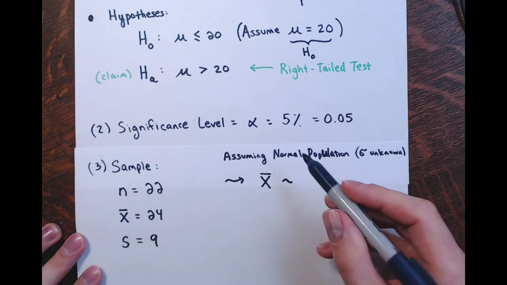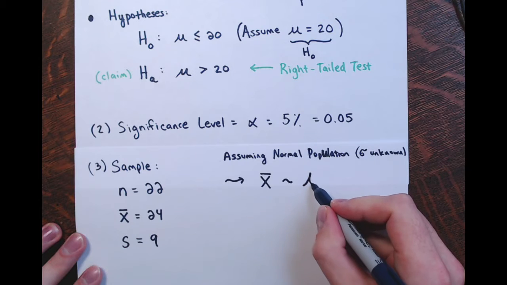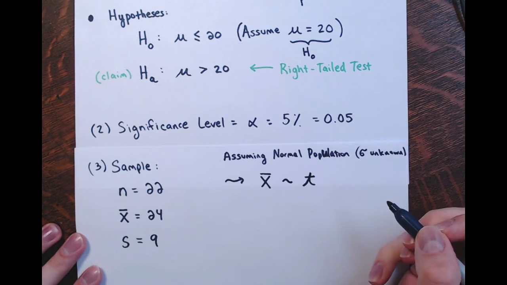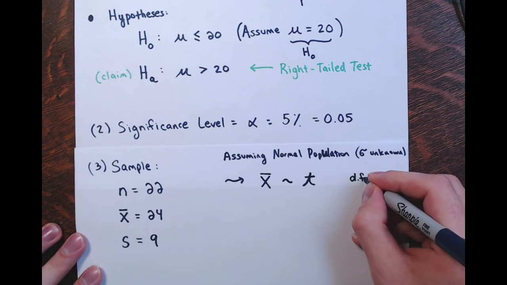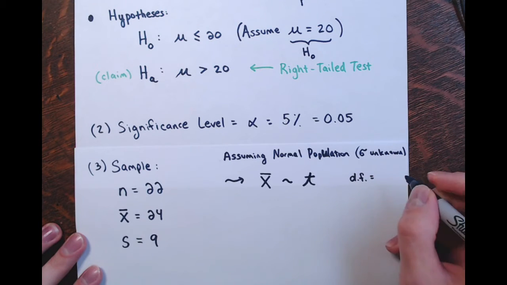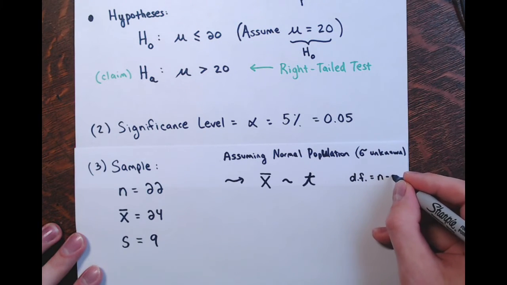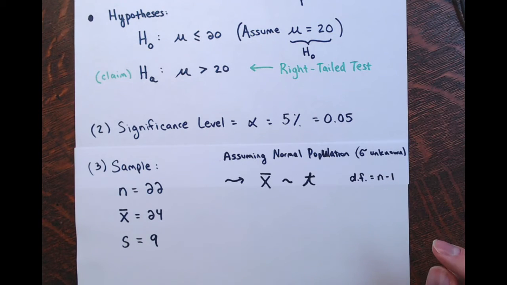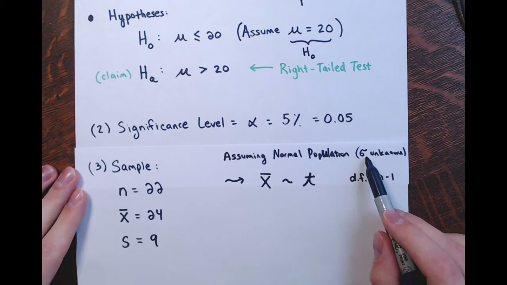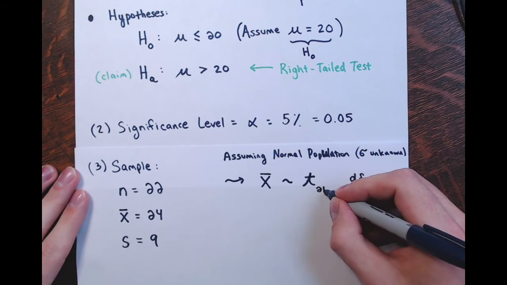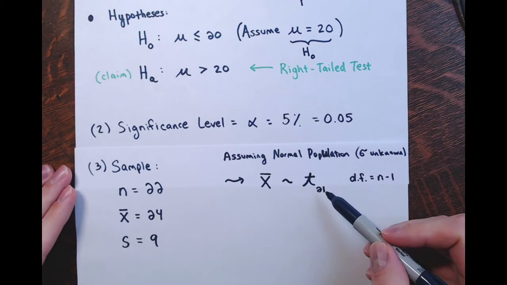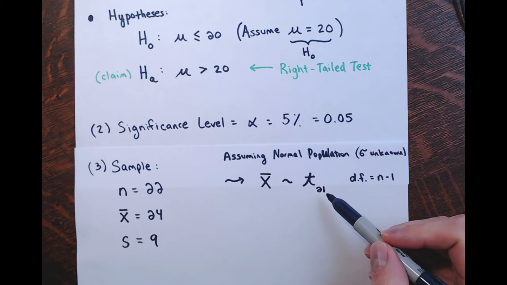For samples of size 22 would be a student's t-distribution with so many degrees of freedom. And df, right? Remember, the degrees of freedom for this one population mean test with sigma unknown was the sample size minus 1. So we're talking a student's t-distribution with 21 degrees of freedom.